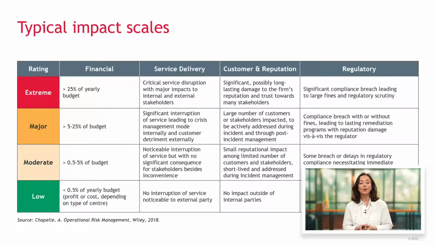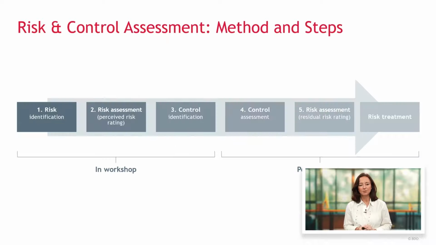So, for instance, if you have an event that is deemed extreme, representing 25% or more of your yearly operating income, and let's say that is 10 million euros, check that what you define as extreme in service delivery, customer reputation, and regulatory is a wording definition that corresponds roughly to these 10 million in my example, or this order of magnitude in terms of financial loss, so you don't have imbalances on that. I just want to attract your attention to this.